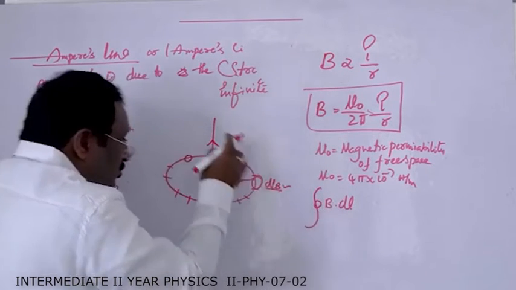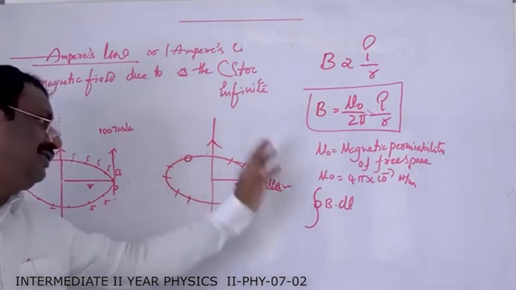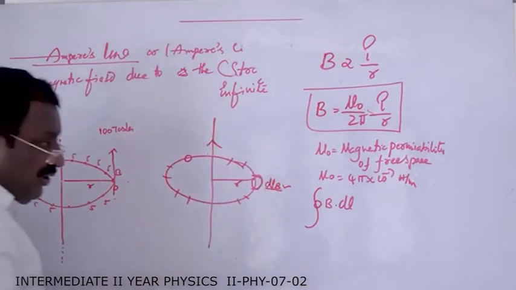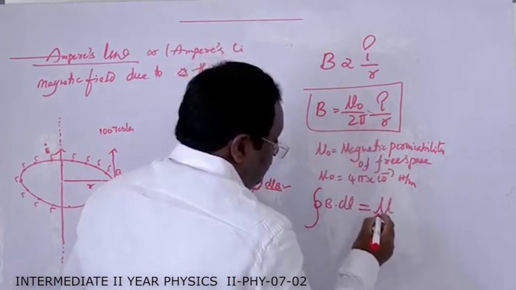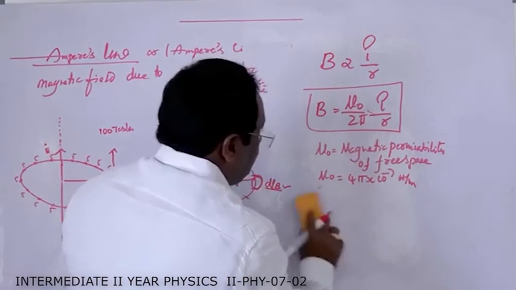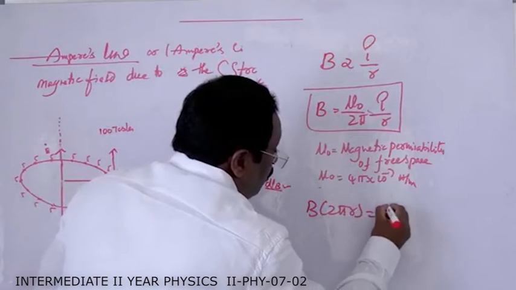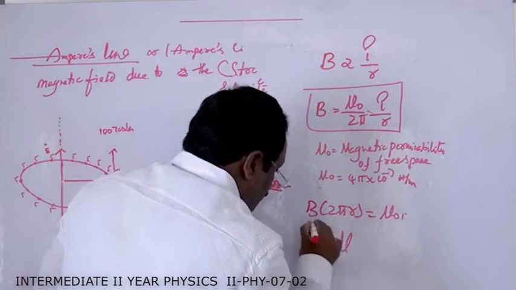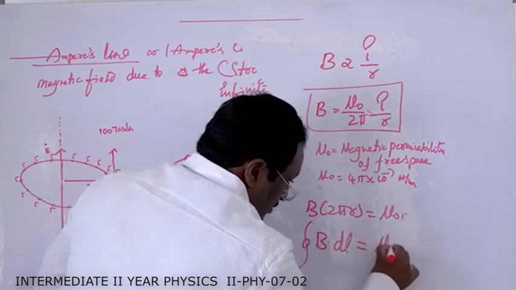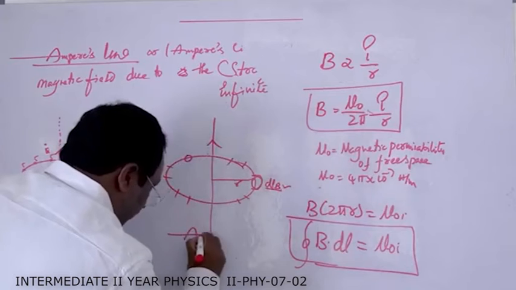If this line integral gives the vector sum of the total magnetic field due to all the elements, then the integral of B dl is equal to B into 2 pi r, which equals mu naught I. So this is called Ampere's circuit law.